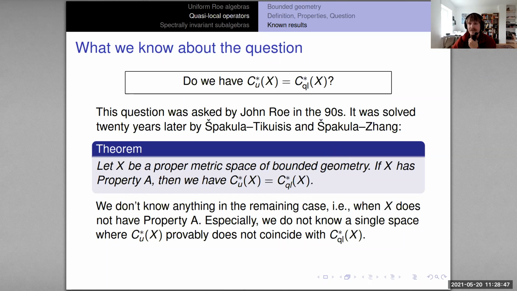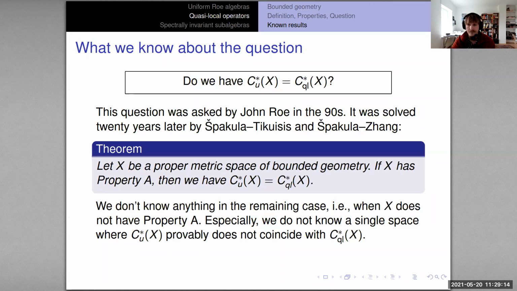I mean, what would be favorable is a characterization just by looking at the matrix entries. That would also be a nice answer, right? That you just have to look at the matrix entries of an operator, and then you can somehow tell from them if you're in the uniform row algebra or not. But as far as I know, there's just no answer to this currently. No answer which is true for every space X.